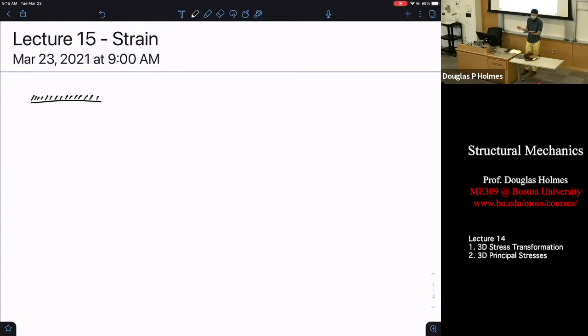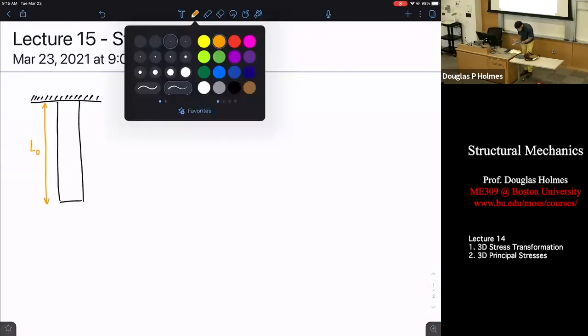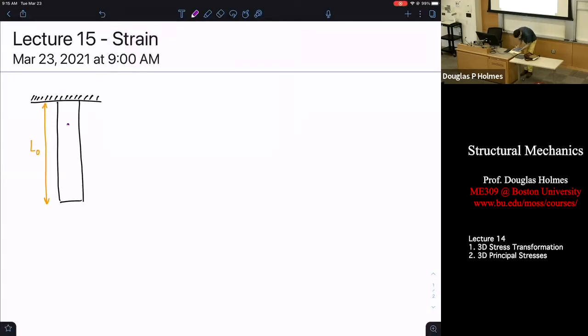We just take a bar, and we'll say that this bar has some initial length, L naught. We can mark a couple of points on here, a point here and a point here.